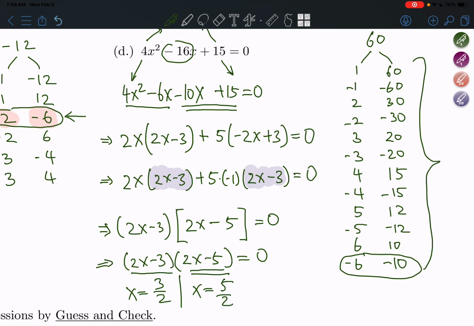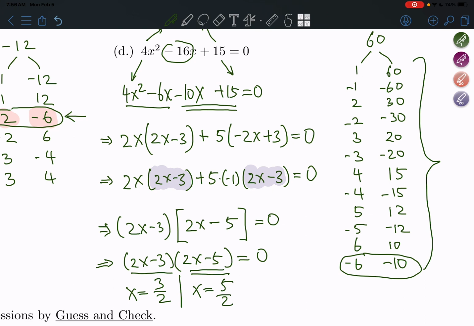If you cannot find a set of factors of 60 in this case that add up to the middle number, which is negative 16 in this case, then this quadratic is not factorable, in the sense of integer factors, that is, or fractional factors, that is.